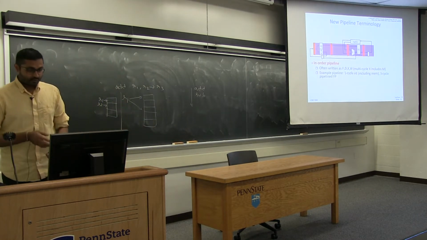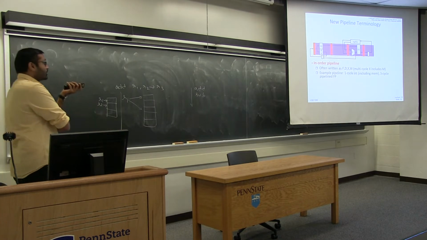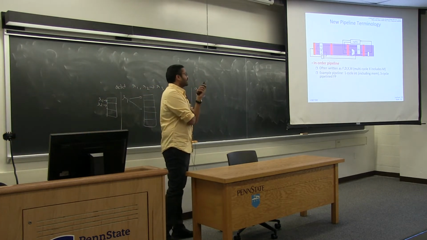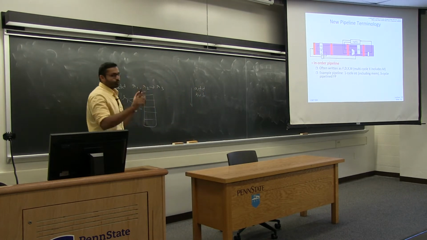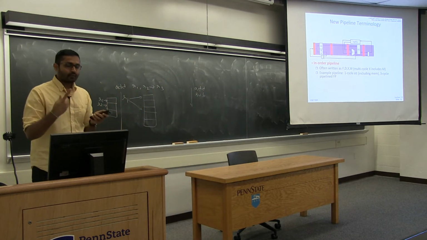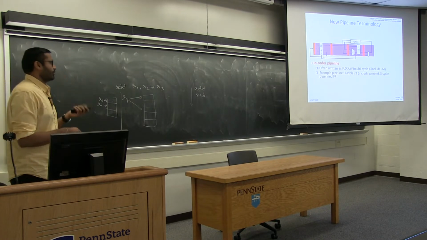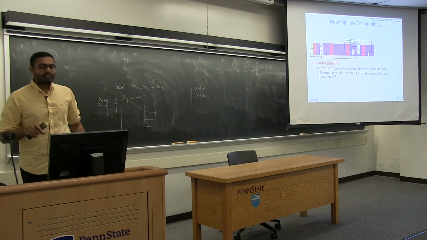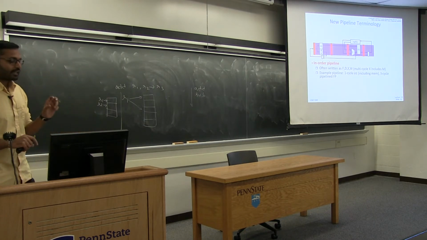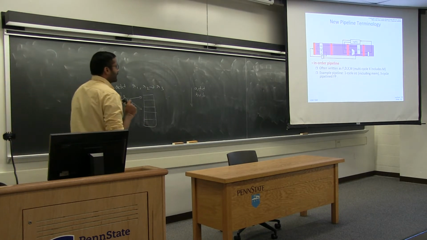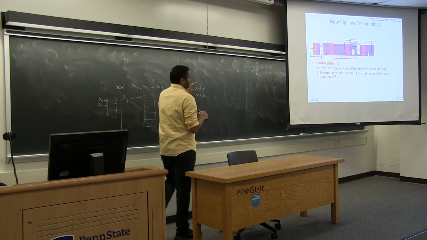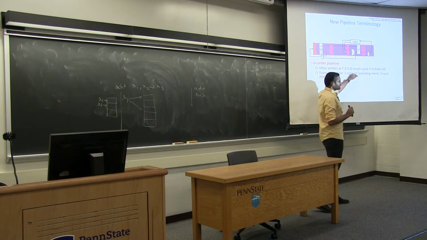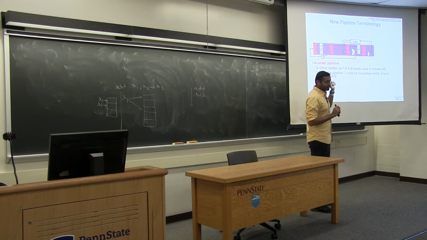Okay, let's do this. This is the in-order pipeline that we are familiar with. We have these stages, and we are going to use one cycle for each pipeline stage, the familiar thing that you're aware of. But one thing that we are going to make a note of is that we are going to have separate pipeline stages for integer instructions and floating point instructions.